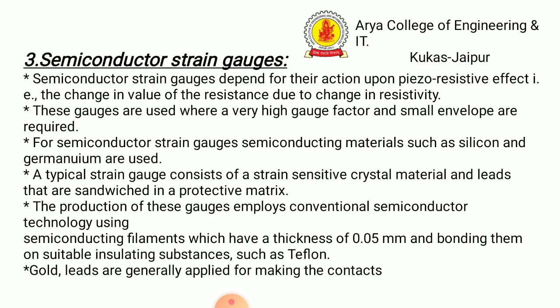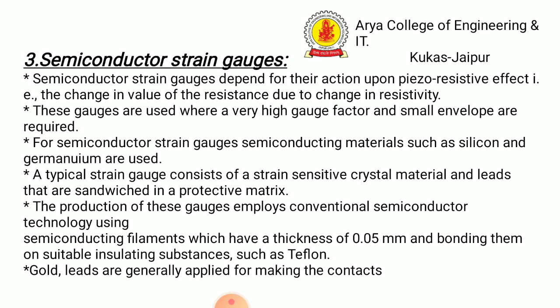A typical strain gauge consists of a strain sensitive crystal material and leads that are sandwiched in a protective matrix. Production of these gauges employs conventional semiconductor technology using semiconducting filaments which have a thickness of 0.05 mm, bonded onto a suitable insulating substance such as Teflon.